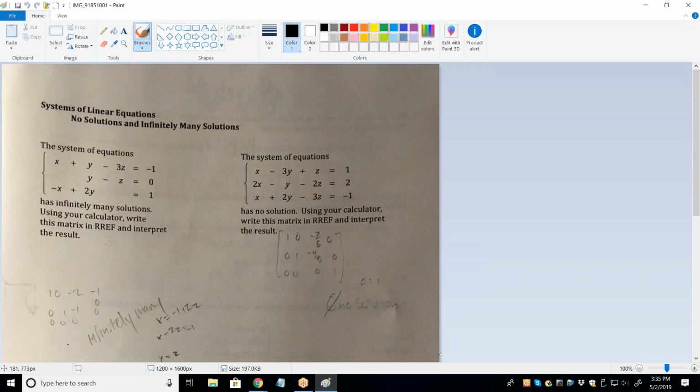All matrices do is eliminate the variables. Let's go through some of these steps. Let me try writing real small, because there's a lot of writing to be done here.